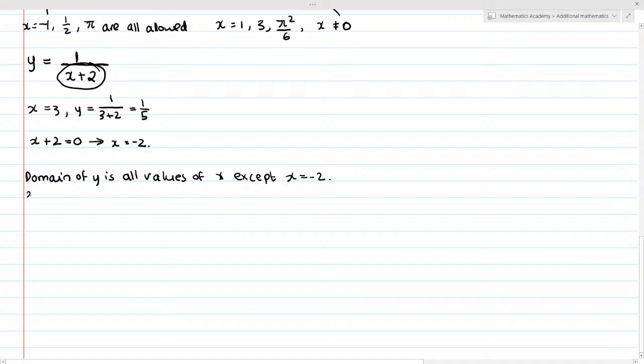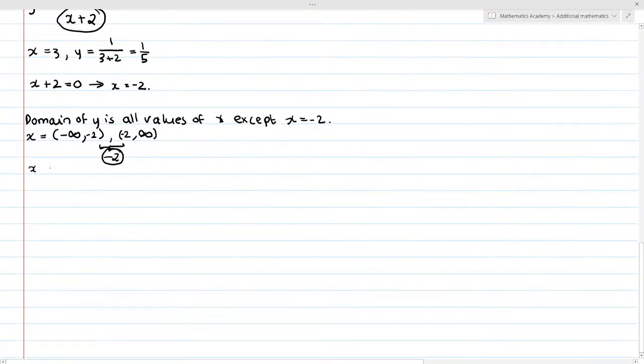And now another way to write this is just to say that x goes from negative infinity to -2, and then from -2 to infinity. It skips the value of -2 in the middle.